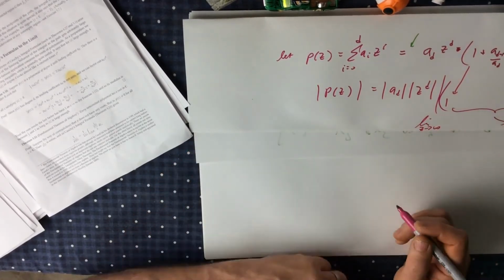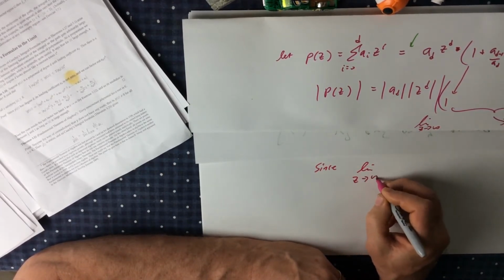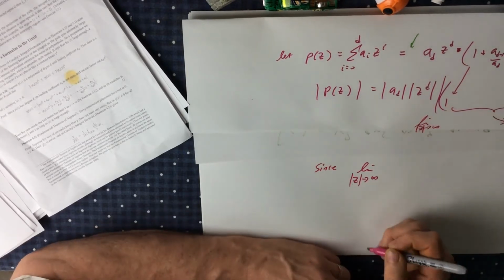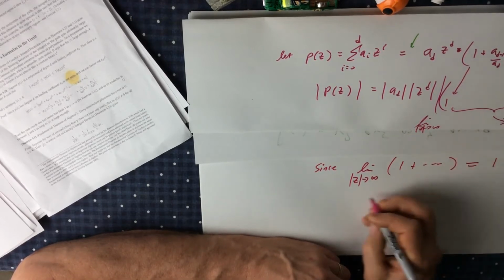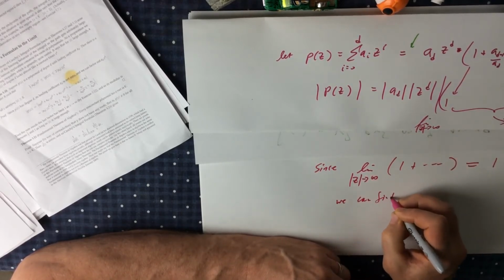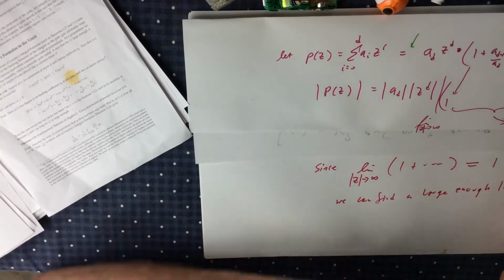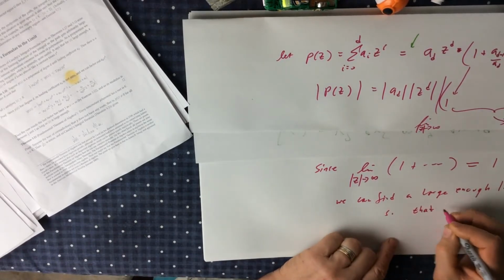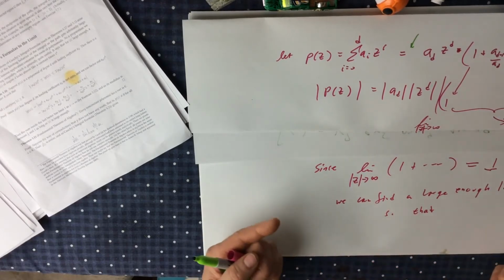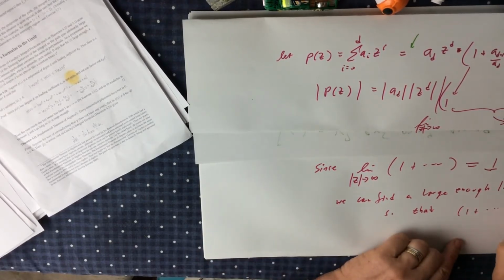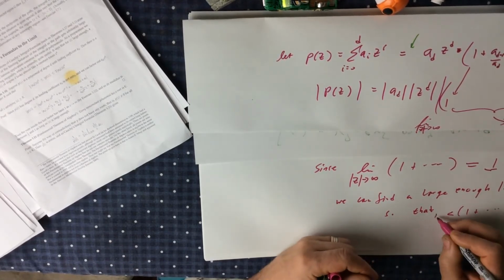So let's use theory from limits. Since the limit as the modulus of z goes to infinity of this one expression equals 1, we can find a large enough modulus so that we might be a little bit over 1, or a little under 1. Let's just make that term less than 2 but bigger than a half.